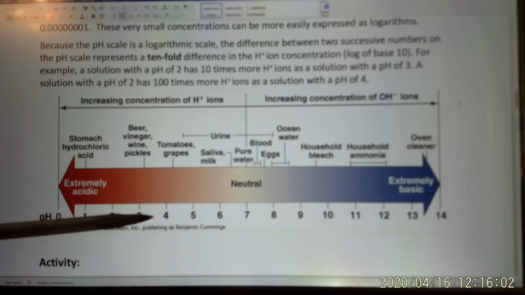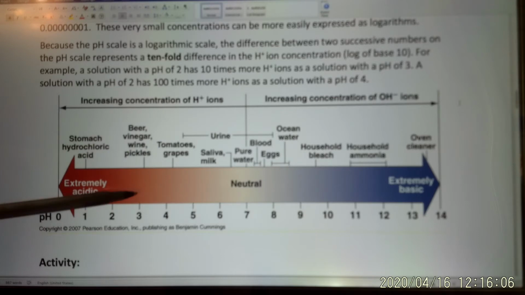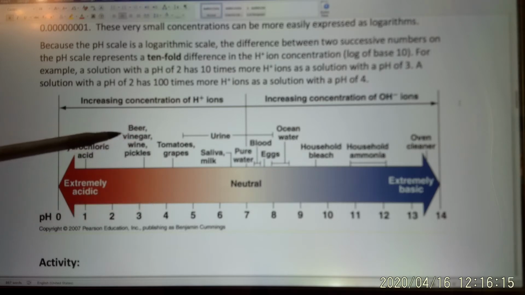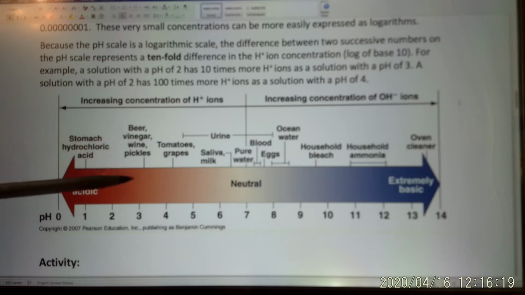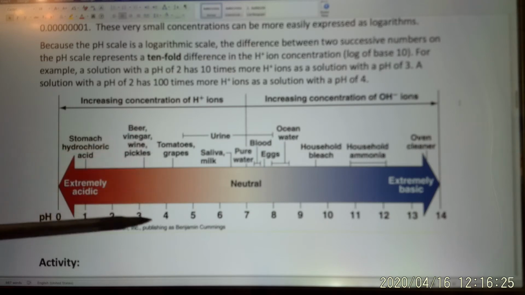If solution A, vinegar, has pH 3 and solution B, tomato juice, has pH 4, which is more acidic? The smaller one, vinegar. But how many times more H plus is in vinegar than tomato juice? The answer is not 1, it's 10, because every change of one on the scale is 10.